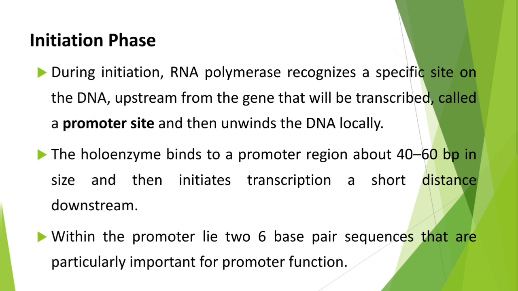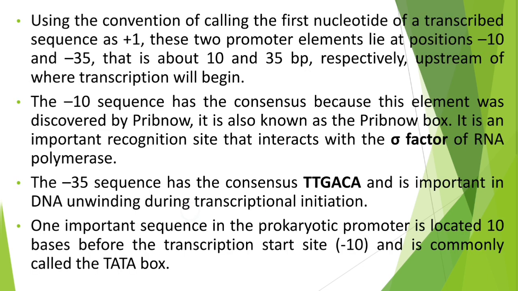The holoenzyme binds to that promoter region, which is about 40 to 60 base pairs in size, and then initiates transcription a short distance downstream. Within the promoter lie 6 base pair sequences that are particularly important for promoter function.